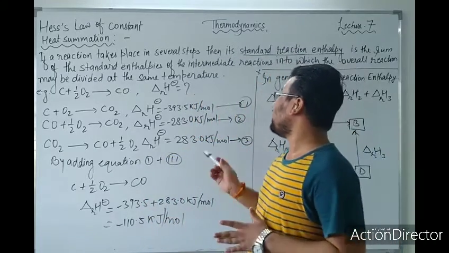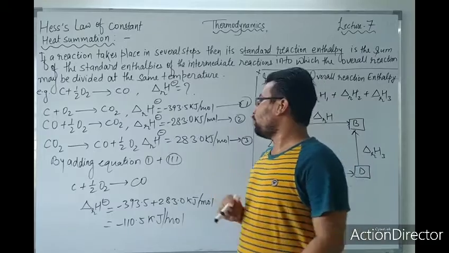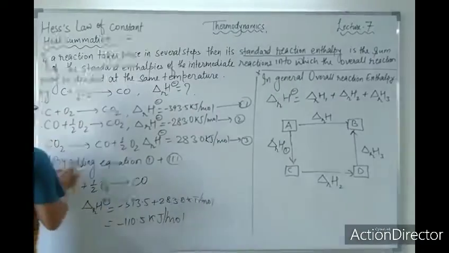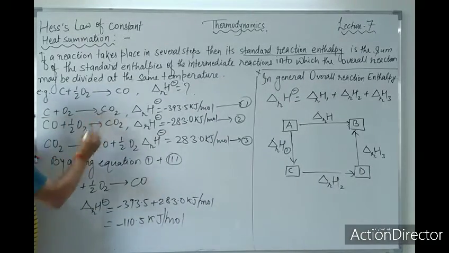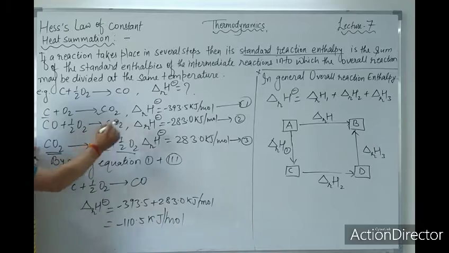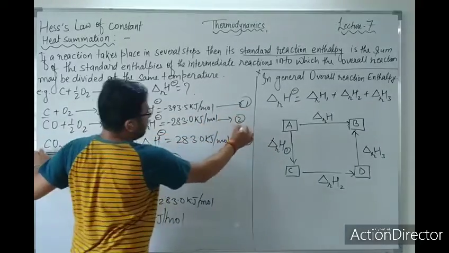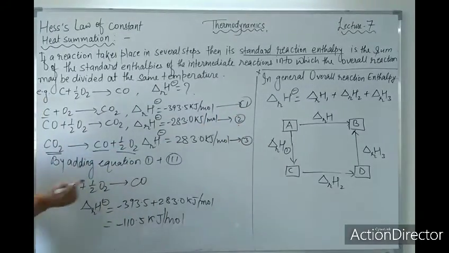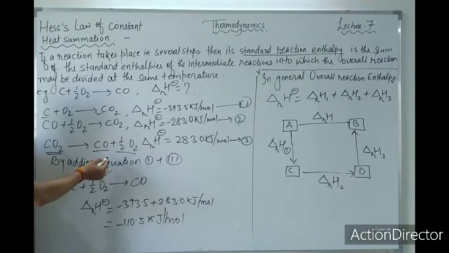Just suppose, carbon plus oxygen gives carbon dioxide. Now carbon dioxide will convert into carbon monoxide plus half oxygen. This is the second reaction: this is equation number one, this is equation number two. And in the third reaction, carbon dioxide splits into carbon monoxide plus half oxygen.